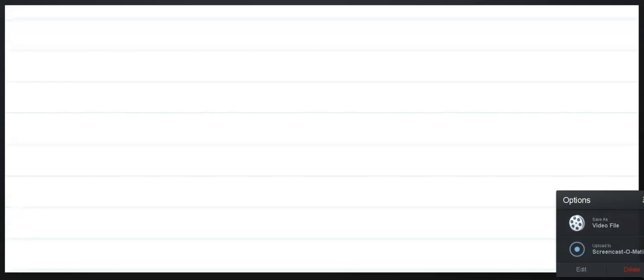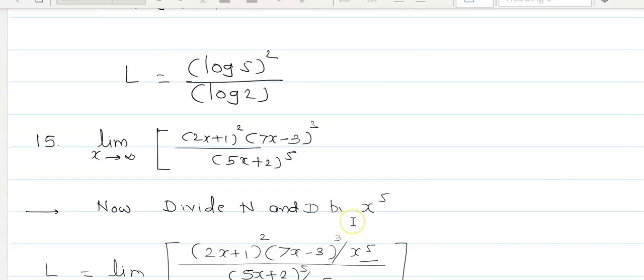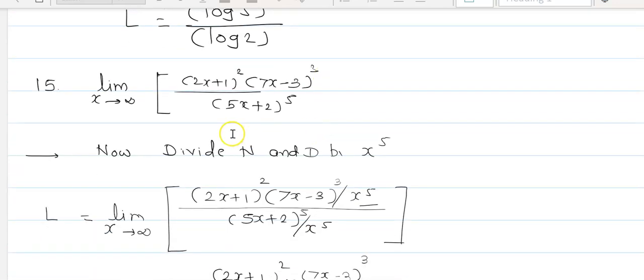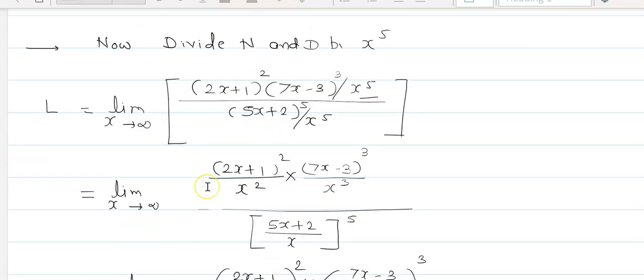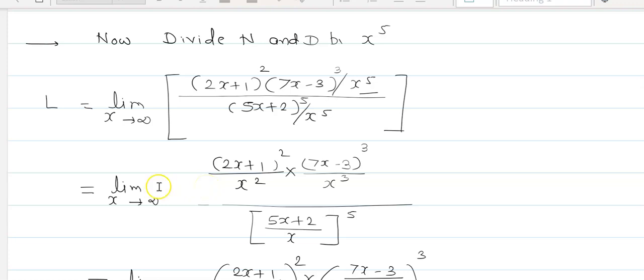Now we'll see that again. See this. Limit x tends to infinity of (2x plus 1) squared, (7x minus 3) cubed upon (5x plus 2) raised to 5, dividing numerator and denominator by x raised to 5: (2x plus 1) squared upon x squared into (7x minus 3) cubed upon x cubed, (5x plus 2) upon x raised to 5. Split it up.